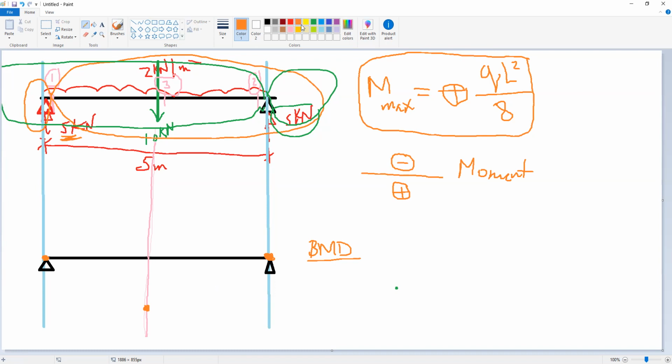And what is the value of this moment? If we substitute in this equation, Q equal to 2, L equal to 5. So the moment will be 2 multiplied by 25 and divided by 8. And this value will be 6.25.